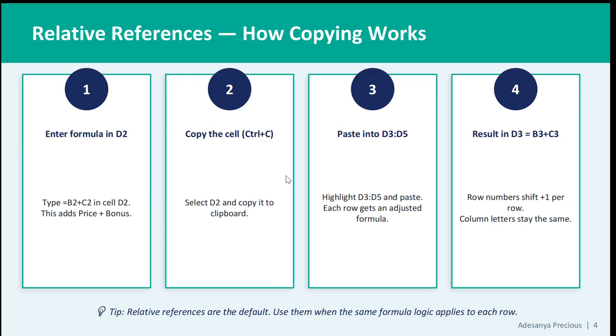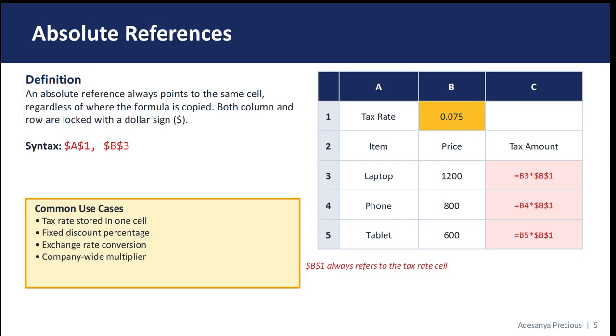Now, let us just go to absolute. Absolute references always point to the same cell. What we are trying to say is that this is B3. We want to say that this B3 should be multiplied times this.